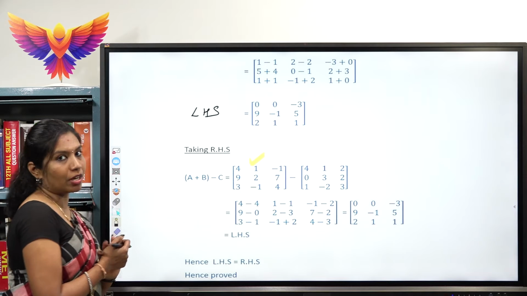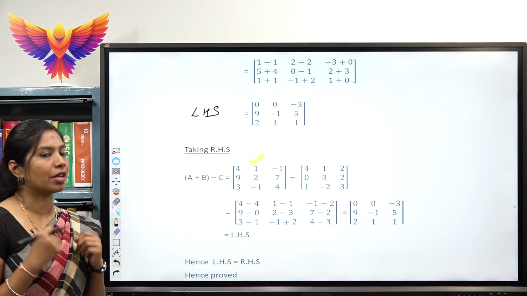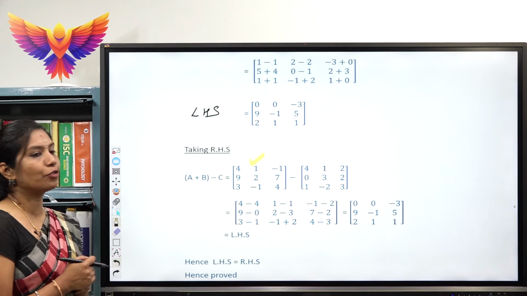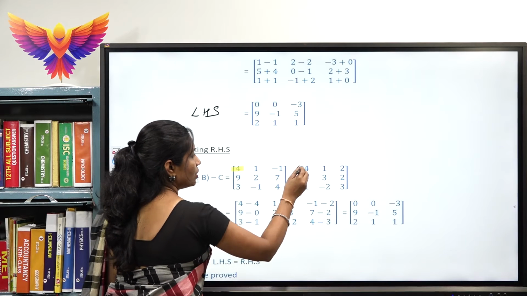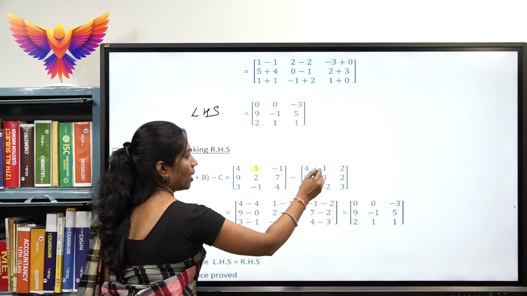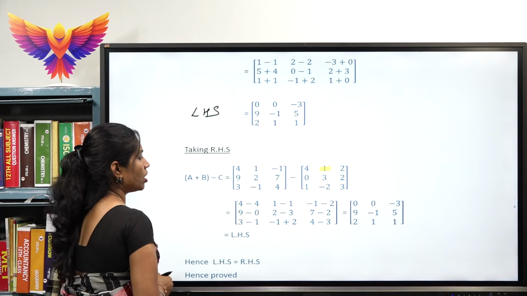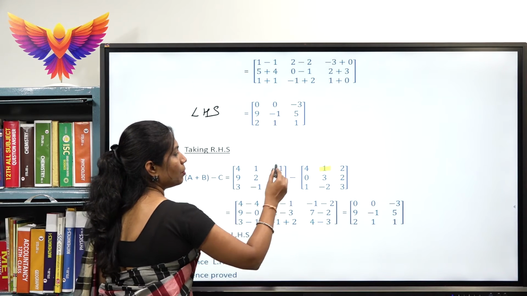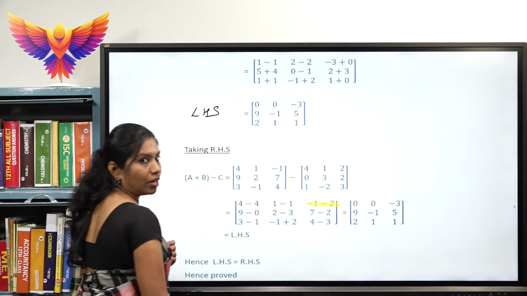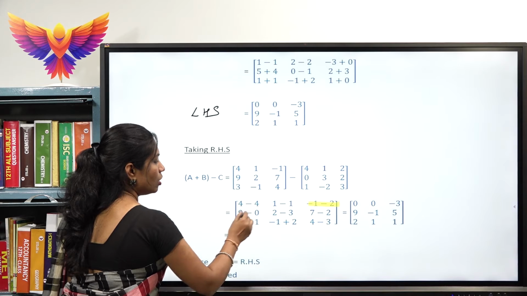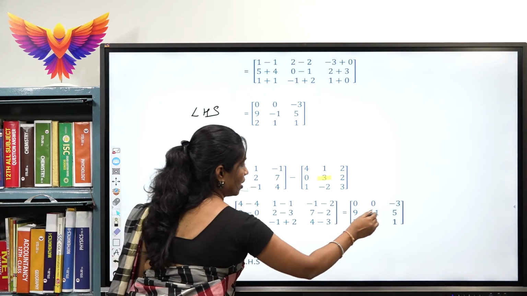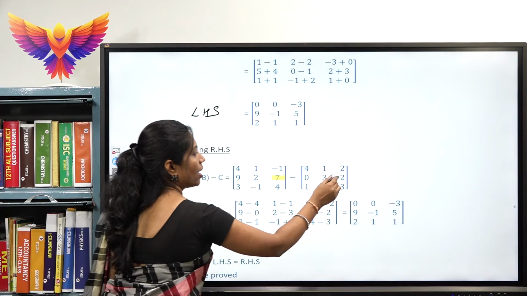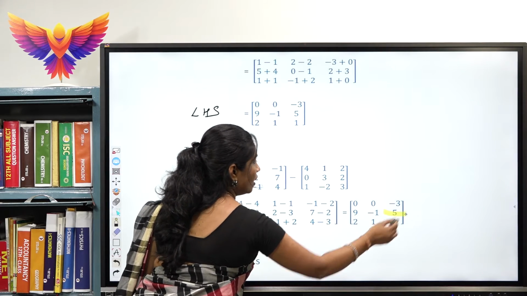So, when we have to subtract, the corresponding elements need to be subtracted. So, it is 4 minus 4, 1 minus 1, each and every element needs to be subtracted. Similarly, it is minus 1 and 2 which is minus 1 minus 2, 9 minus 0 and again 2, this element minus 3, which is nothing but minus 1. 7 minus 2, I will be getting 5.